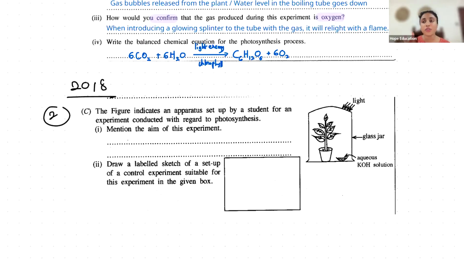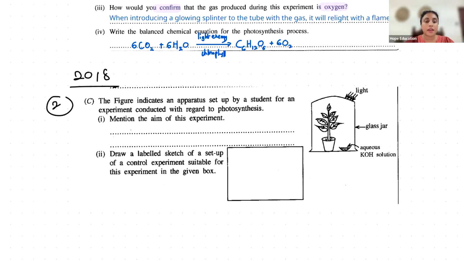Yes, to test if carbon dioxide is required for photosynthesis. The aim is to test whether carbon dioxide is needed for photosynthesis. So I got all the correct answers in the chat box. Good. It's fine if the words change a little, but the meaning should be the same.